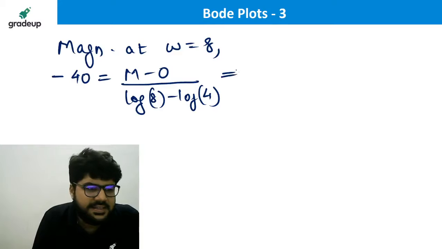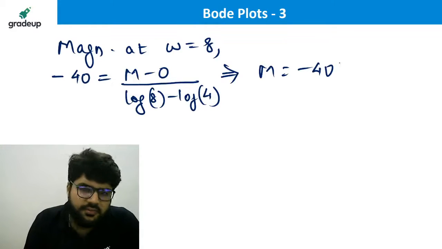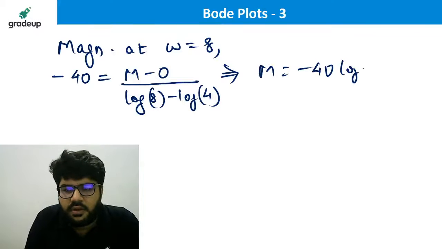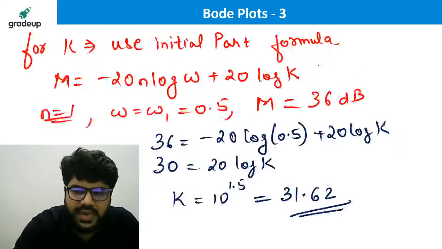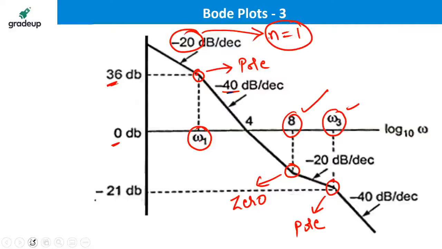So the magnitude is minus 40 log of 8 by 4, which is log 2, so minus 40 log 2. This magnitude is minus 12. I'll represent this in the graph.